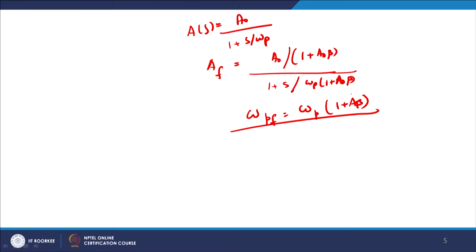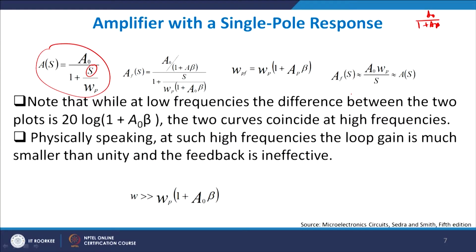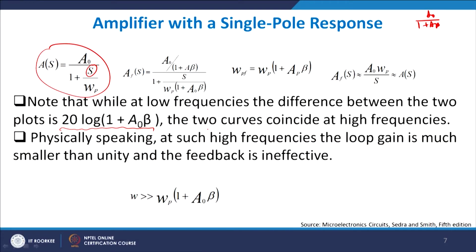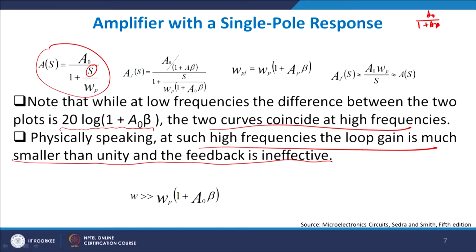So, you see your frequency starts to rise with feedback, and that is what you see here. Now, note that while at low frequencies the difference between the two plots is 20 log (1 plus A naught beta), the two curves coincide at high frequencies, right. Physically speaking, at such high frequencies the loop gain is much smaller than unity and the feedback is ineffective, right.